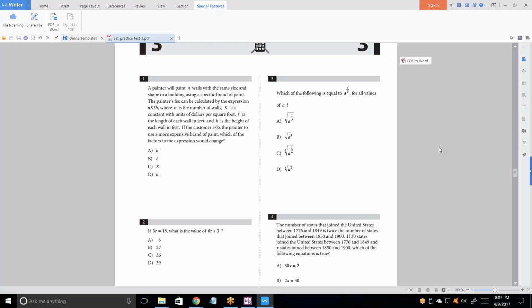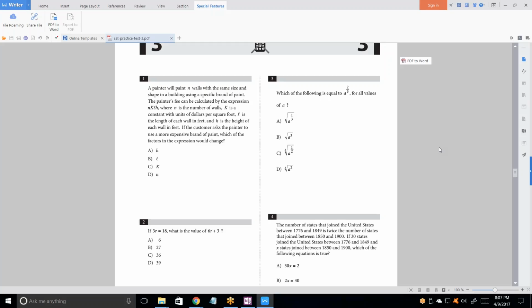So which of the factors of the expressions would change? And you know there's only one answer. You wouldn't have 2 correct answers in a question like this. So only one of those variables is the answer. The question is, which one is it?